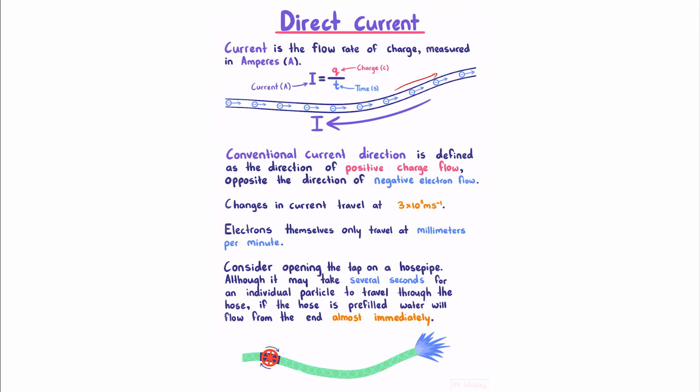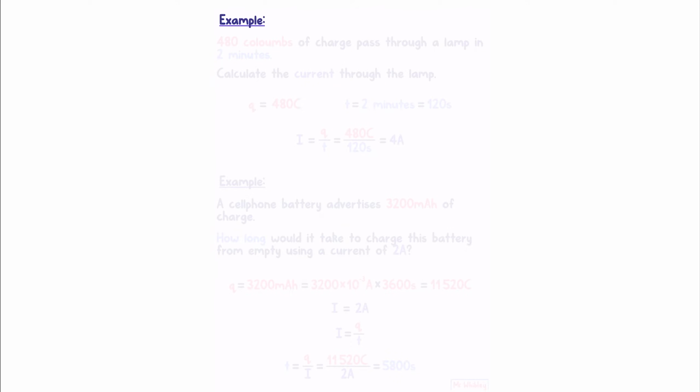This is why, although electrons travel very slowly, if you had a light bulb and a switch, the changes in current flow very quickly because our conductor is pre-filled with electrons. So you could think of this as the speed of the electrons, whereas this is the speed of them bumping into each other.